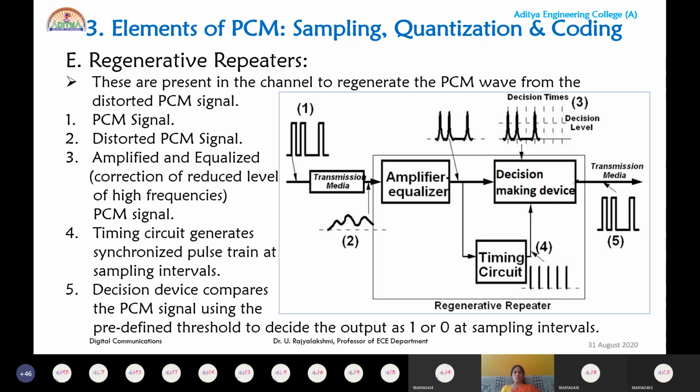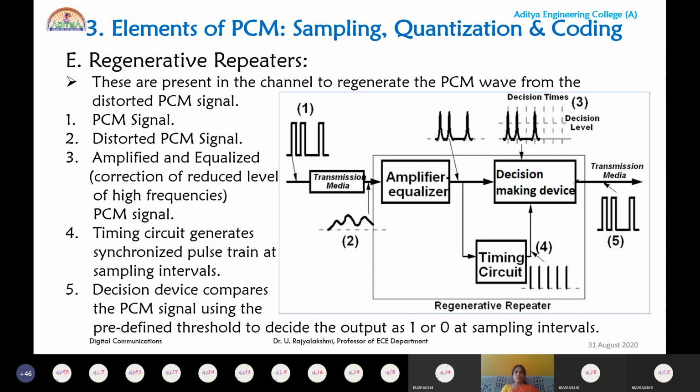Here you have these pulses of very short duration located at sampling intervals that you can observe at the fourth point. Next the amplifier, and the third is the decision making device.